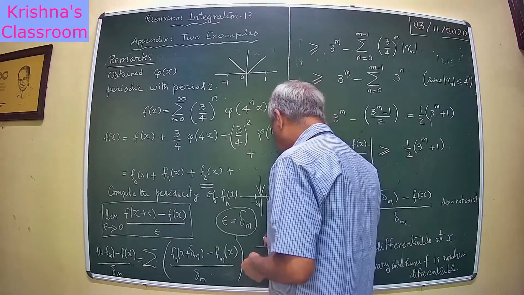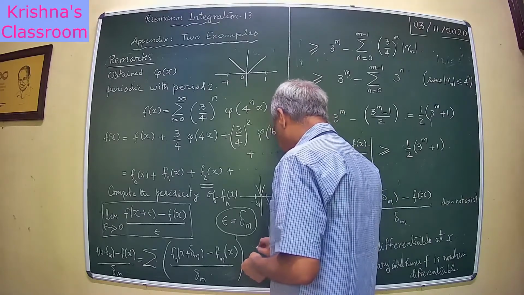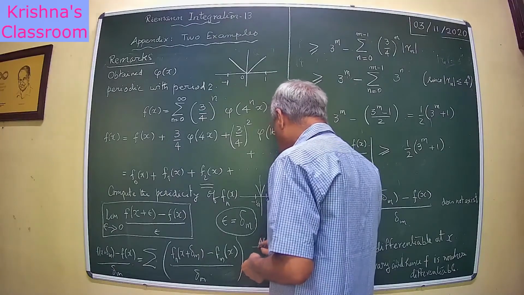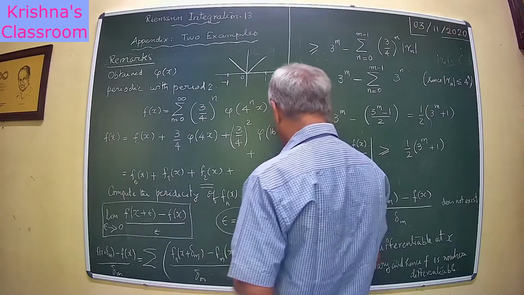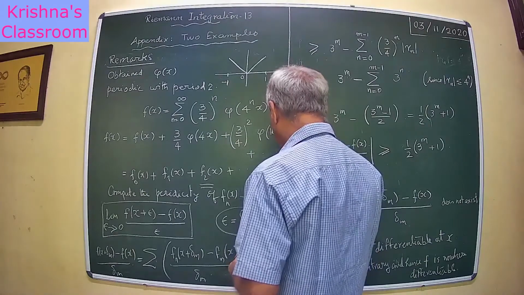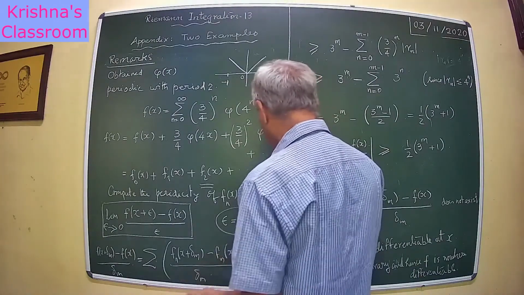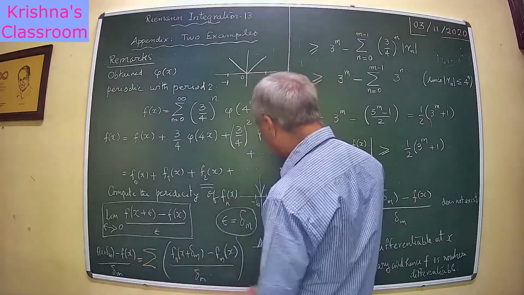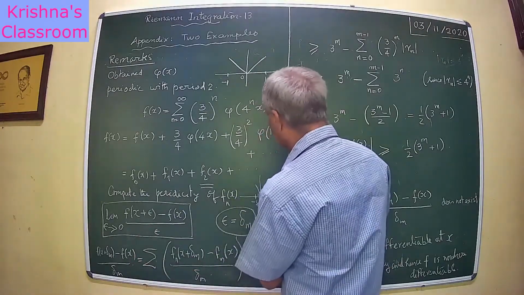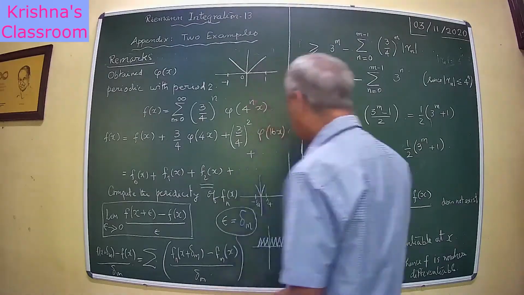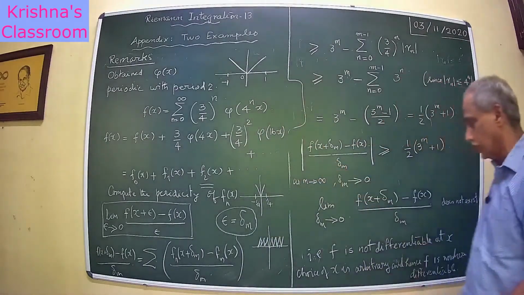Functions of this kind are coming, which means points of non-differentiability will occur more frequently. It is non-differentiable here, non-differentiable here, non-differentiable here, and so on, and multiplied by a factor (3/4)^n. So this is how each of these terms looks.